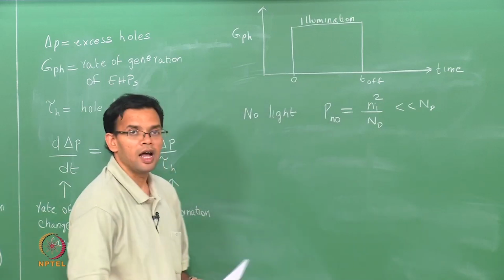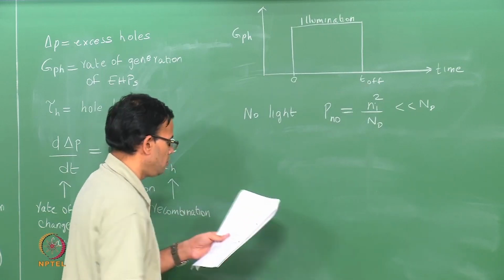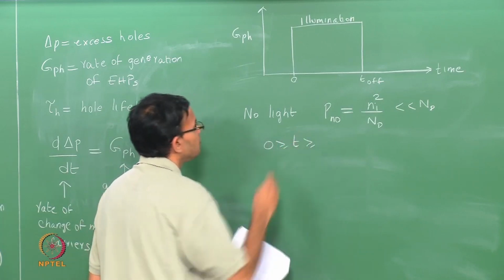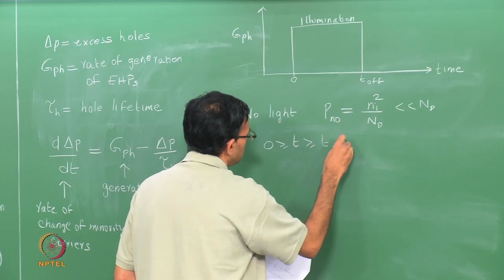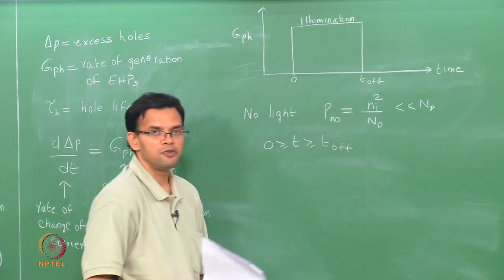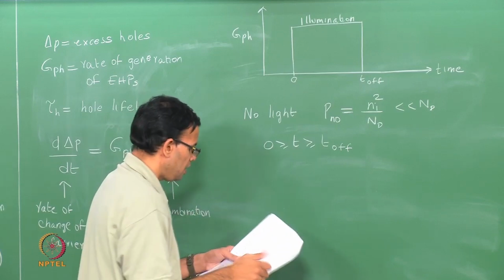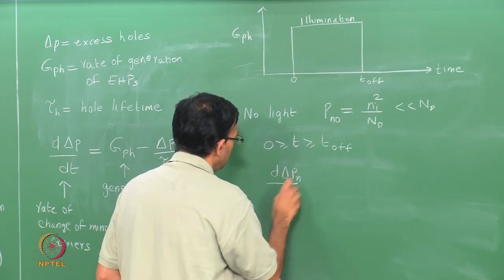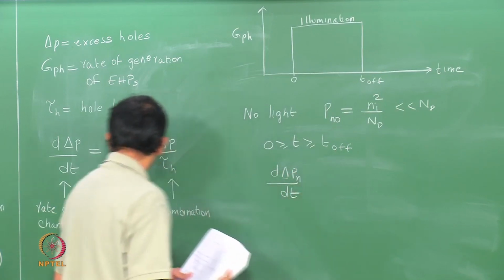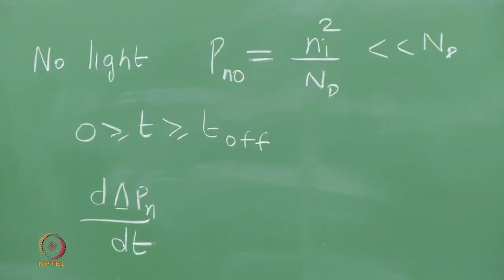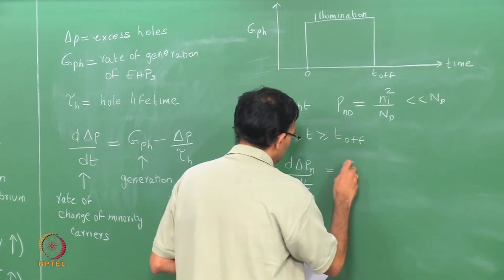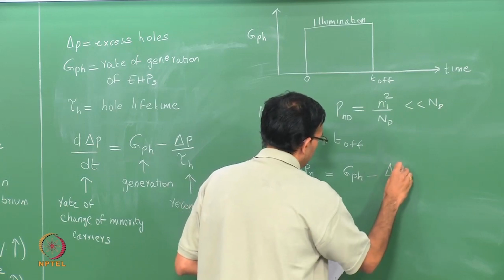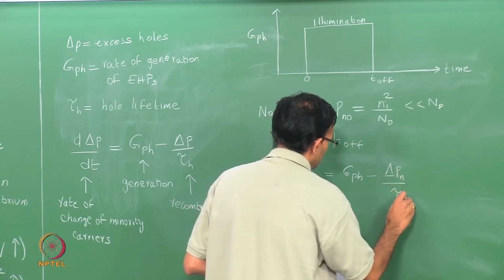Now I have the light being turned on, so that my time is greater than 0, but before it is switched off, before T off. In this case I can write this equation: d delta Pn by dt is Gph minus delta Pn over tau n.